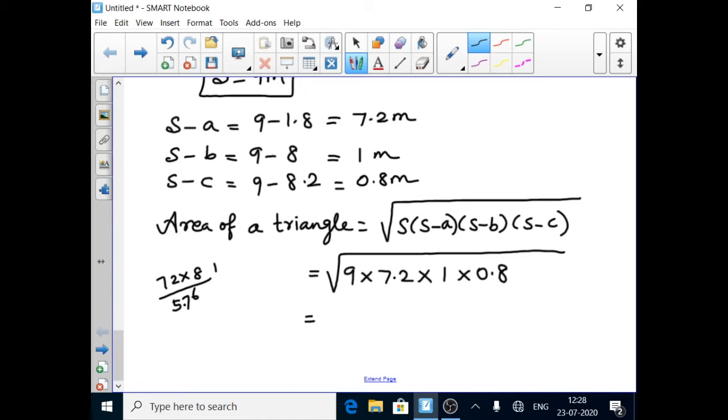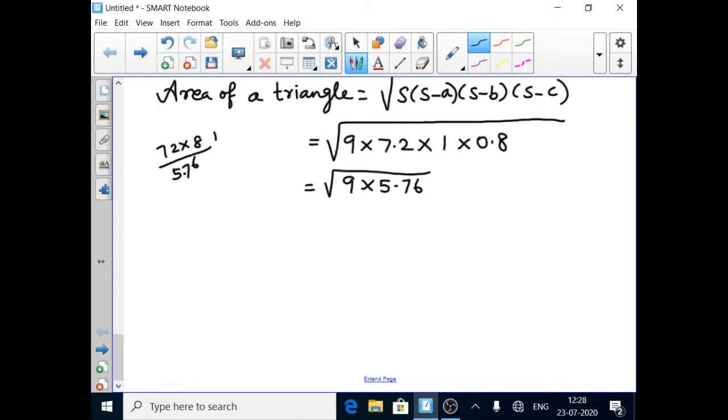So you can take it 5.76. Okay, so 5.76 into 9. So root of 9 into 5.76. Okay, so 9 we can split as 3 into 3, then we can take the root of 5.76. So what do you get?